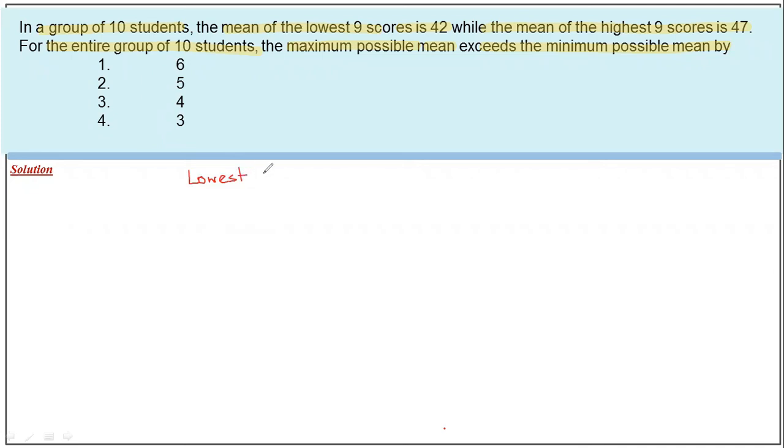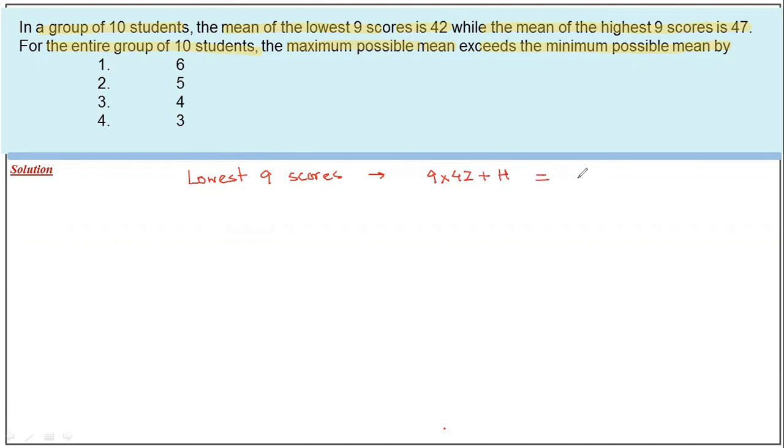So while considering the lowest 9 scores, we have 9 into 42 plus the highest score.